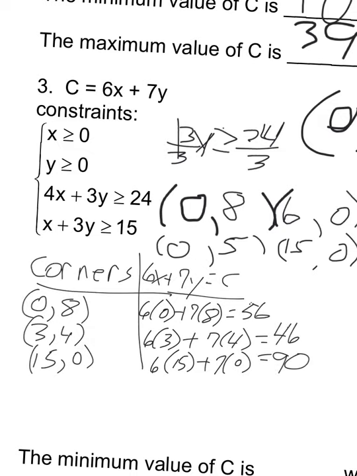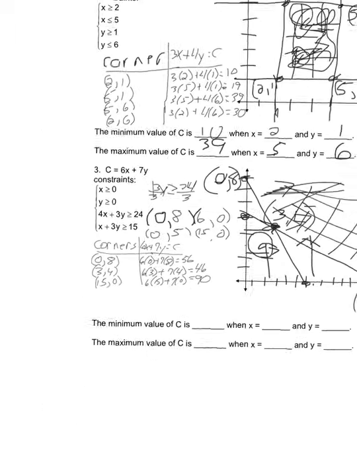I can clearly see my minimum is 46. It looks like my maximum is 90. However, let's go back and zoom out. Our minimum value, most definitely, is 46, and that happened when x was 3 and y is 4.